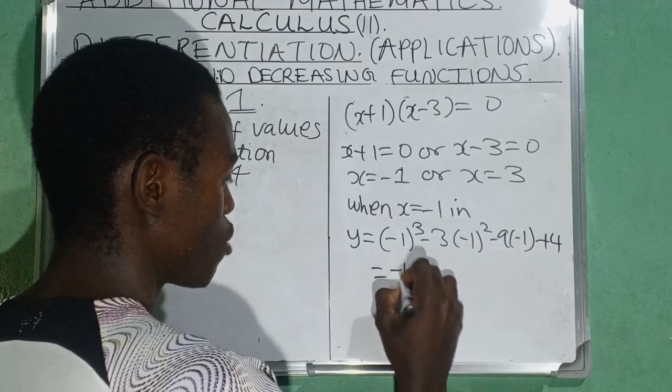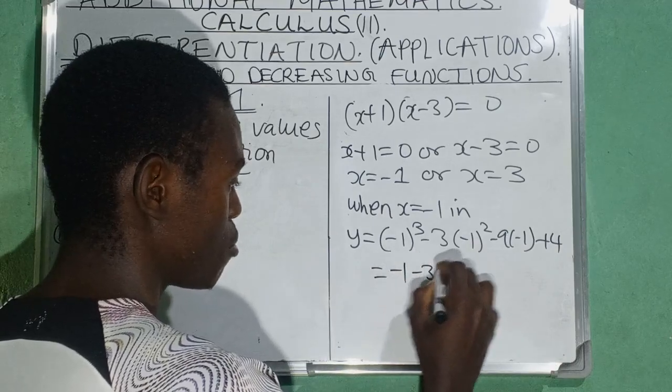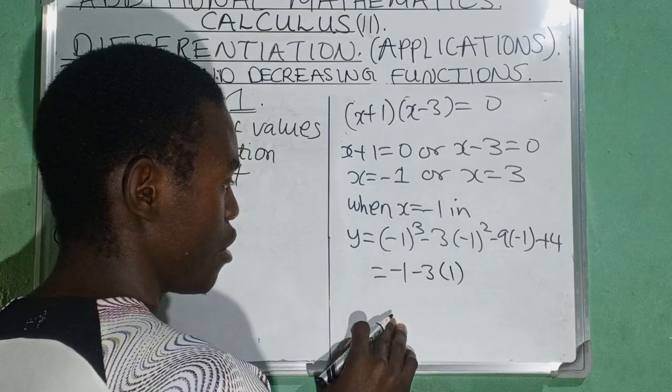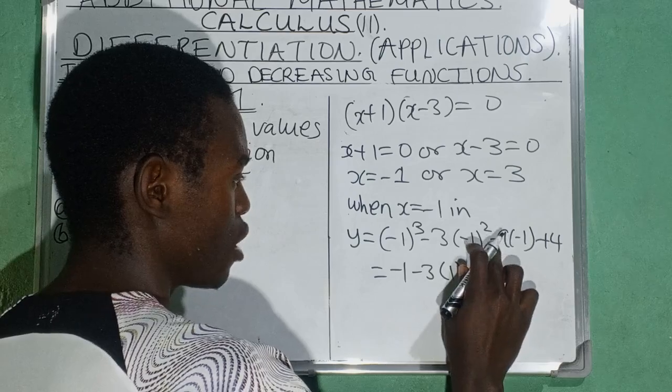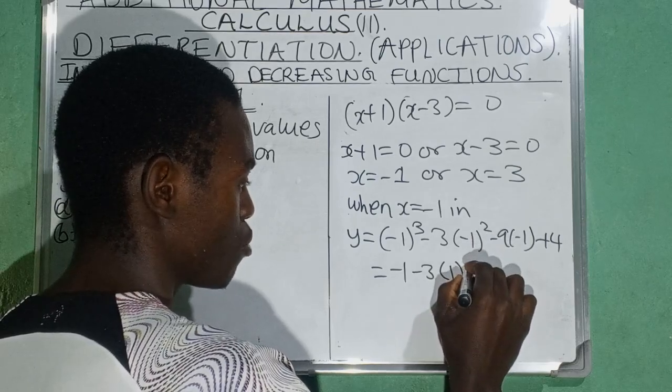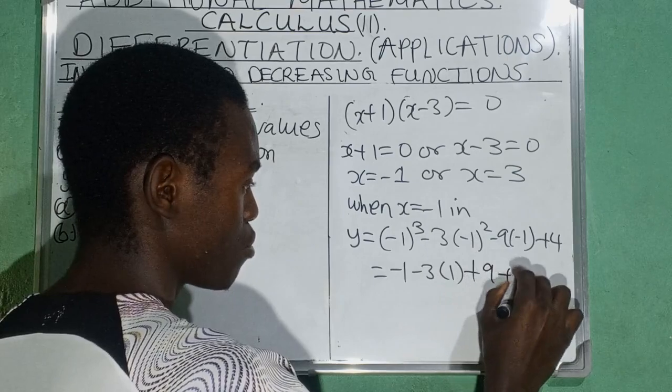So negative 1 cubed is negative 1, minus 3 multiplied by negative 1 squared, which is a positive 1. Negative 9 multiplied by negative 1 is positive 9, plus 4.